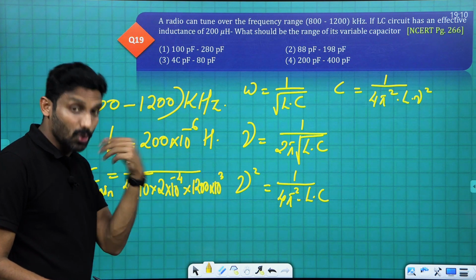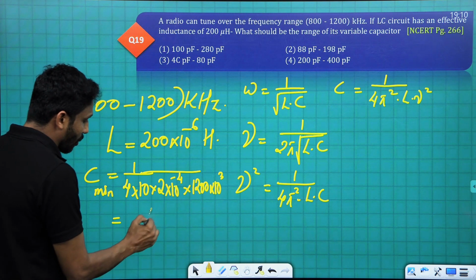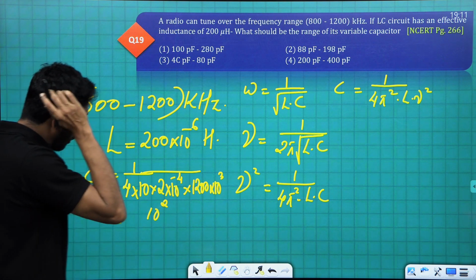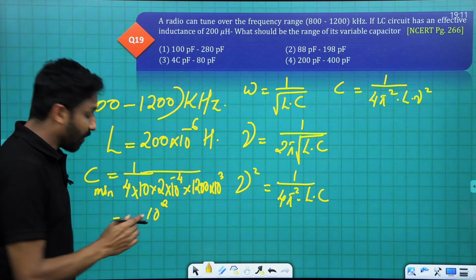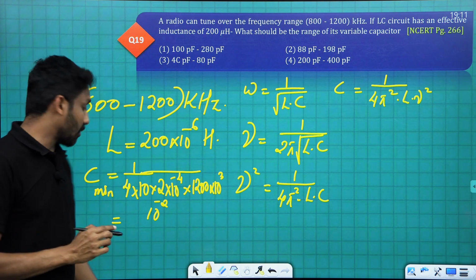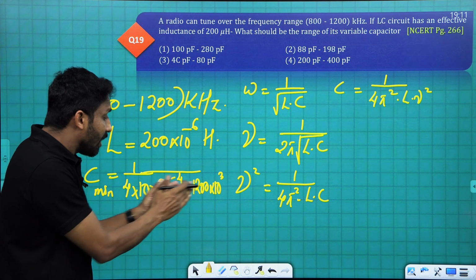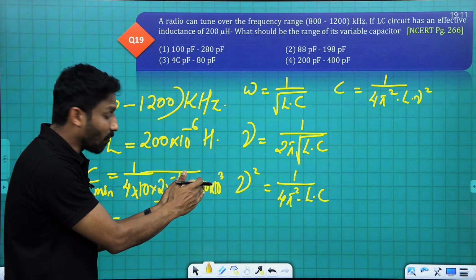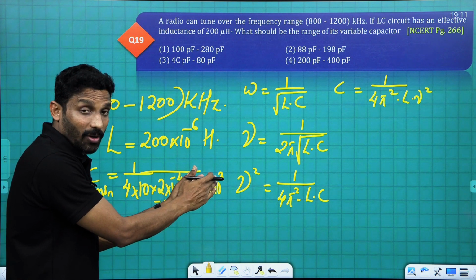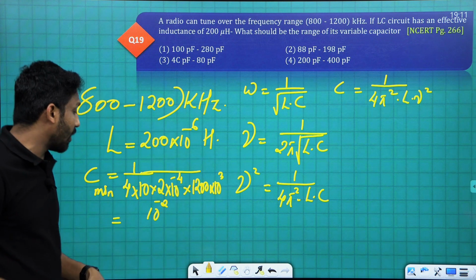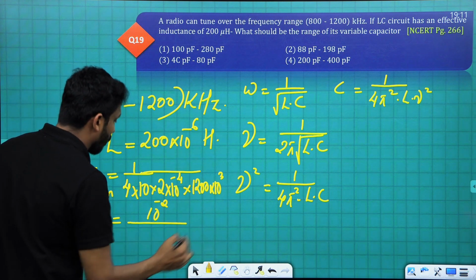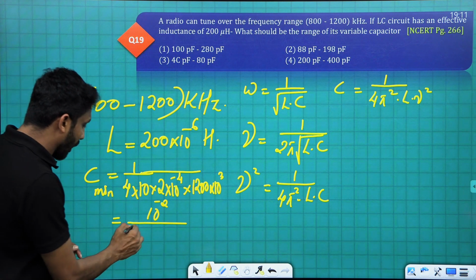That is 10 raised to 2 in the denominator, and we get 10 raised to minus 2 in the numerator. Good. Divided by 2 into 4, 8.